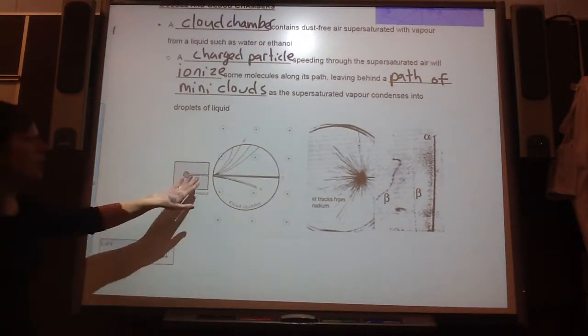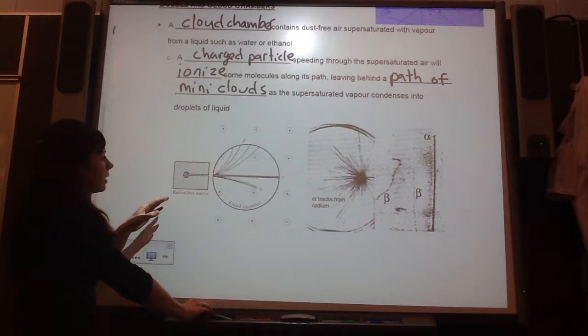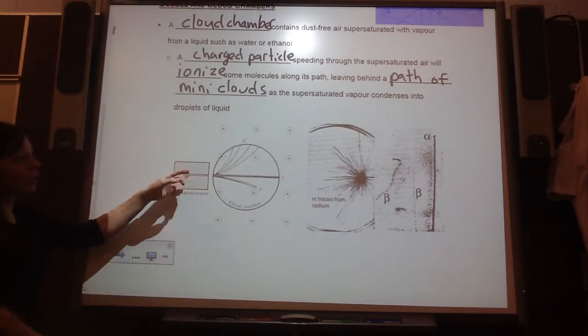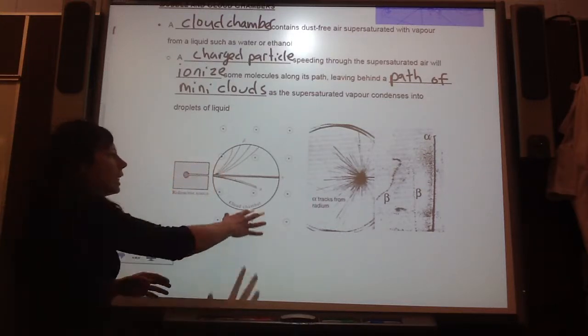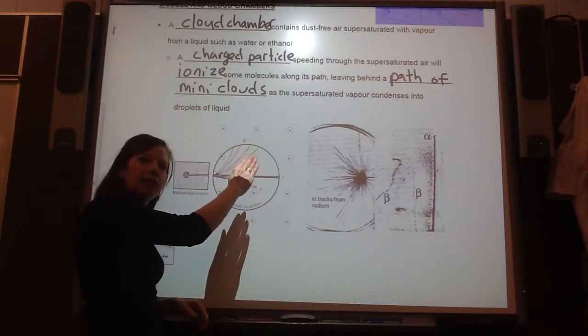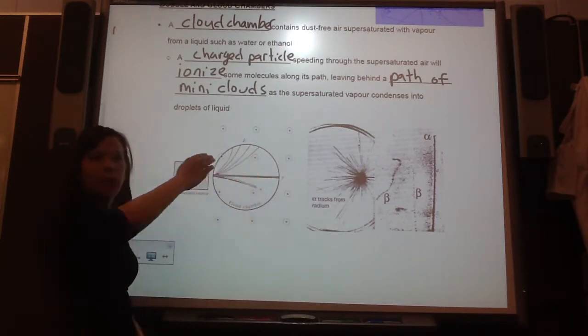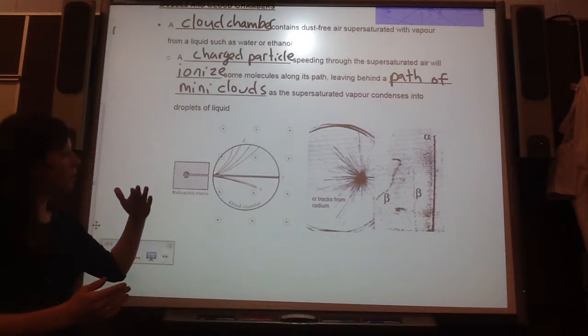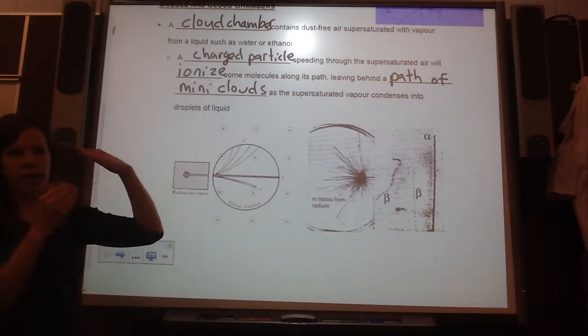So here would be the radioactive source, and it's shot through, and in the cloud chamber is a magnetic field. Here it's showing that the magnetic field is coming out. The dot means out.